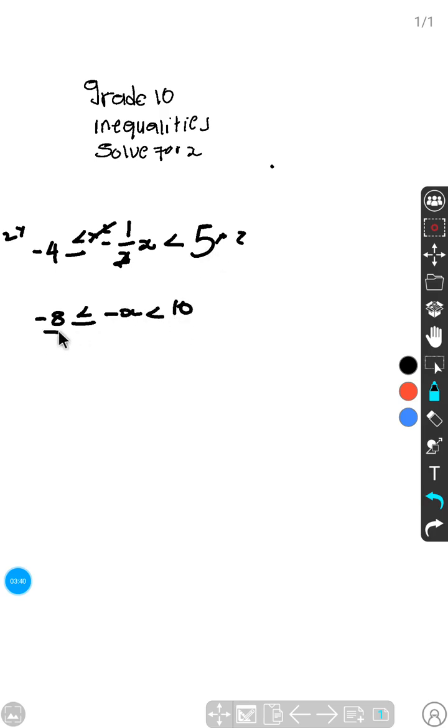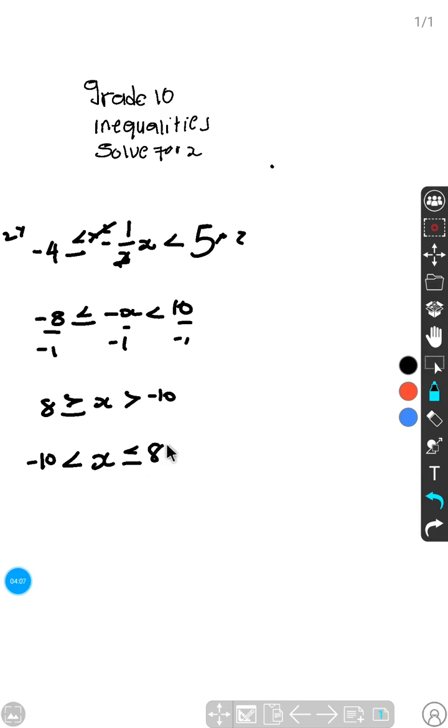Then we divide all of this by minus 1. When we divide by minus 1, we are going to change signs. Here we're going to have 8 minus x minus 10. Okay, let's write this in order. Minus 10 less than or equal to 8.